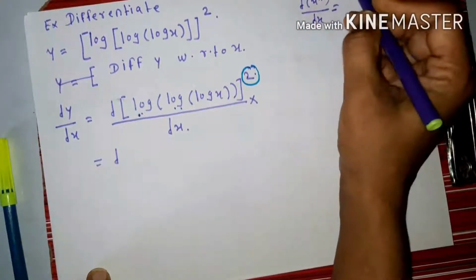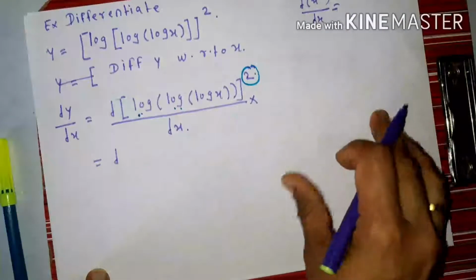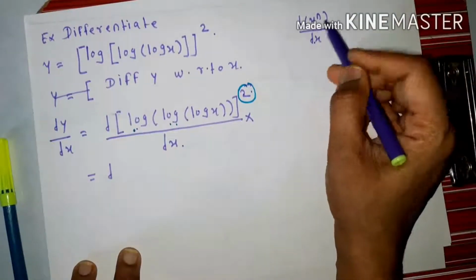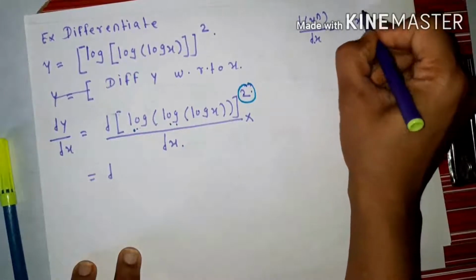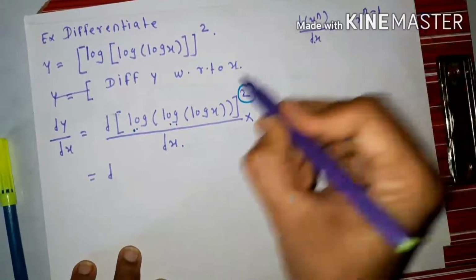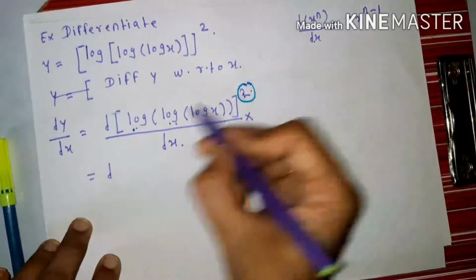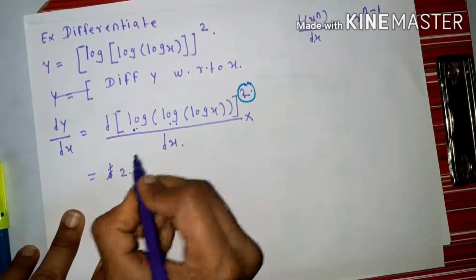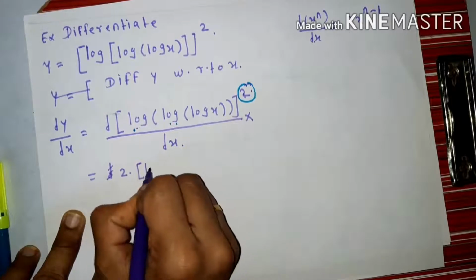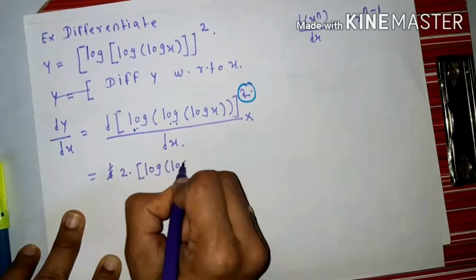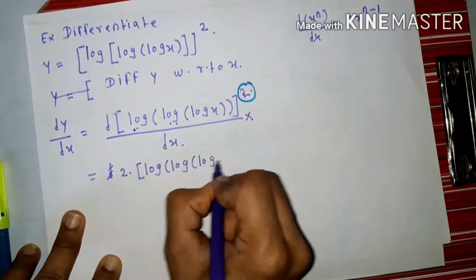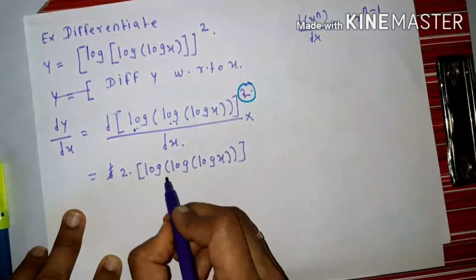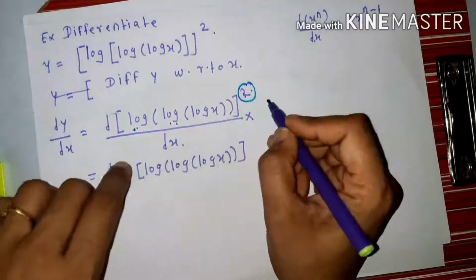By using this formula, the formula is n into x raised to n minus 1. The n is 2 here, and therefore the differentiation will be 2 into log of x. This is differentiation.